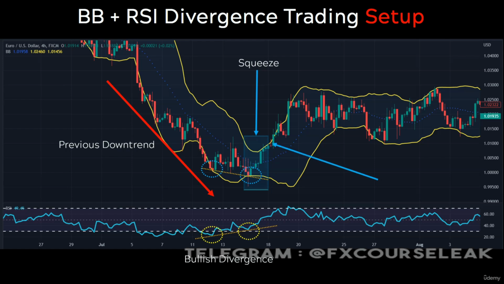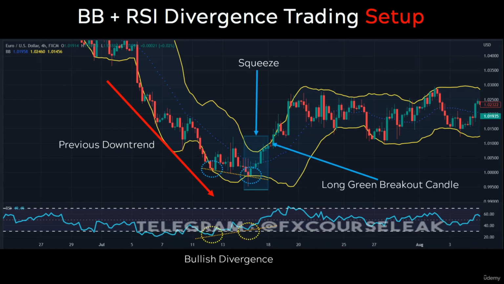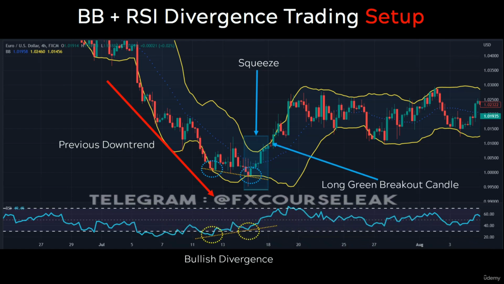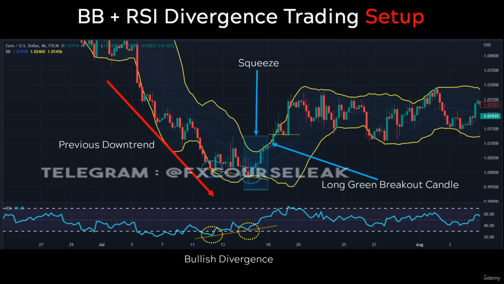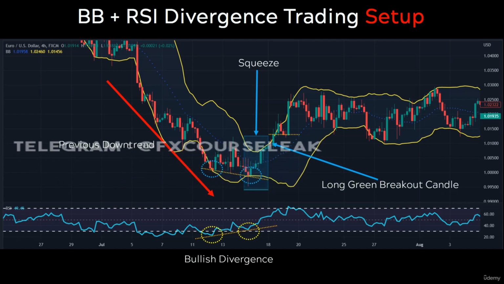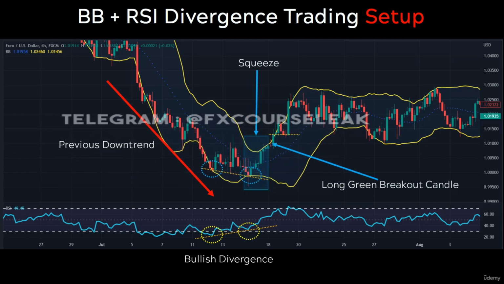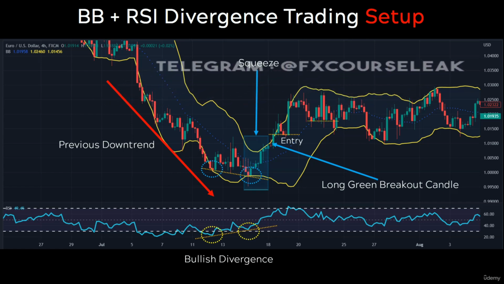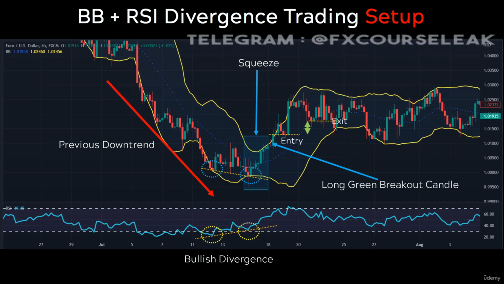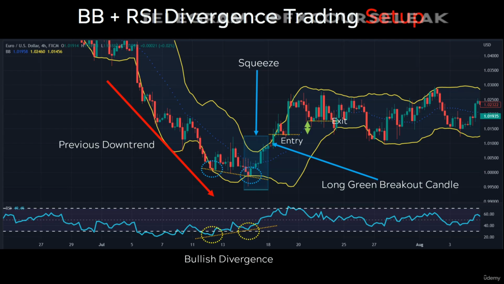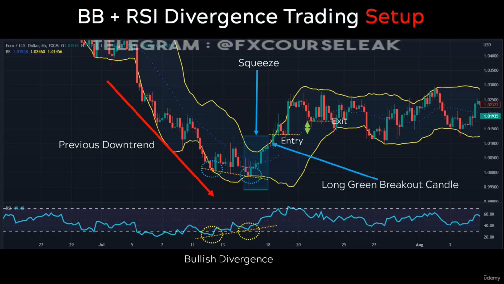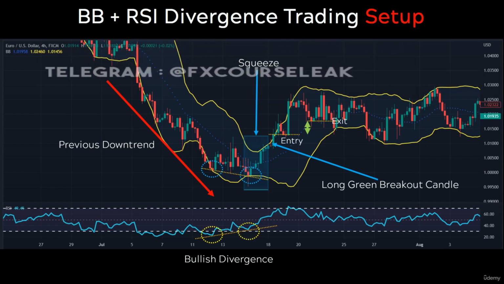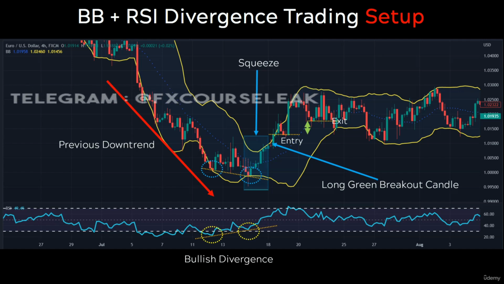But we need a final confirmation from the breakout from this Bollinger squeeze, and that is given by this long green candle. This has given us the signal to go ahead with the trade and we can take entry at this next candle. That is here. As per rules, our exit will be here where the price hit this mid-band or this moving average line. So you can see this was an average profitable trade.